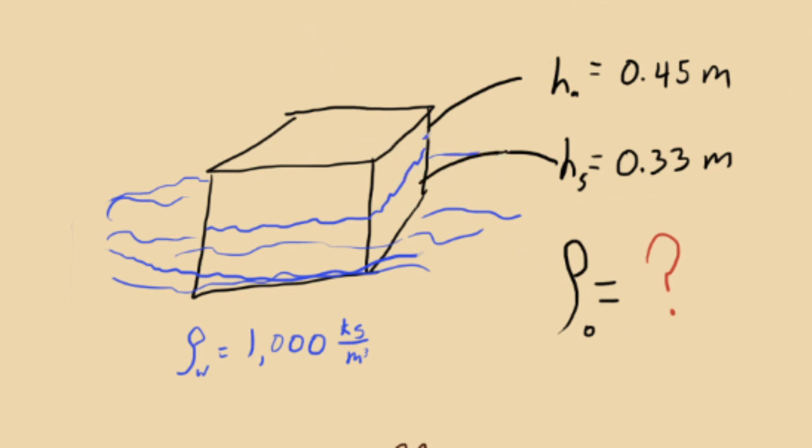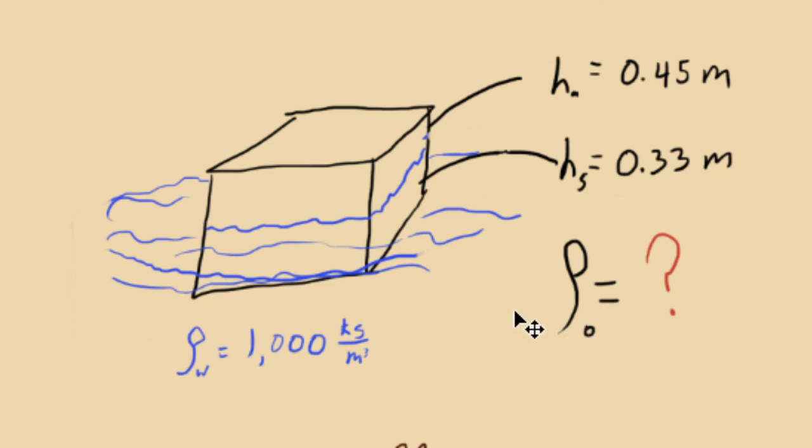Well, from that last example, we know that the density is going to be less than 1,000 kilograms per meter cubed. Otherwise, it wouldn't be floating, because the ratio of the density of the object divided by the density of water has to be less than 1 for it to float. So we know this is going to be less than 1,000 kilograms per meter cubed, but we don't know what that is.